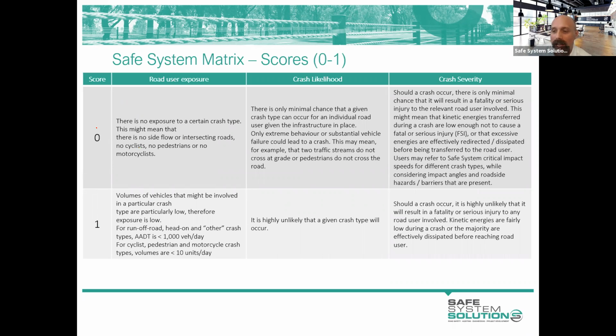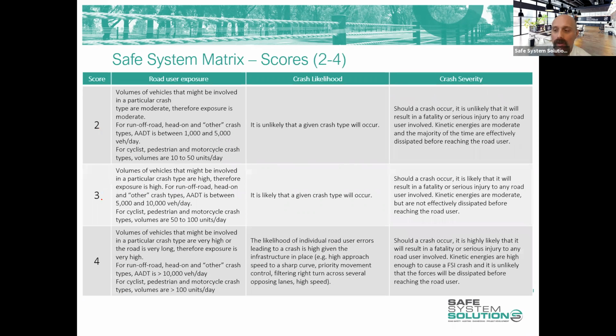But let's have a look at how these scores come out, because you can see there's a score of 0, a 1, a 2, a 3, and a 4. So let's have a look at a 4, the highest score. Volumes of vehicles that might be involved in a particular crash type are very high or the road is very long. Therefore, the exposure is very high.